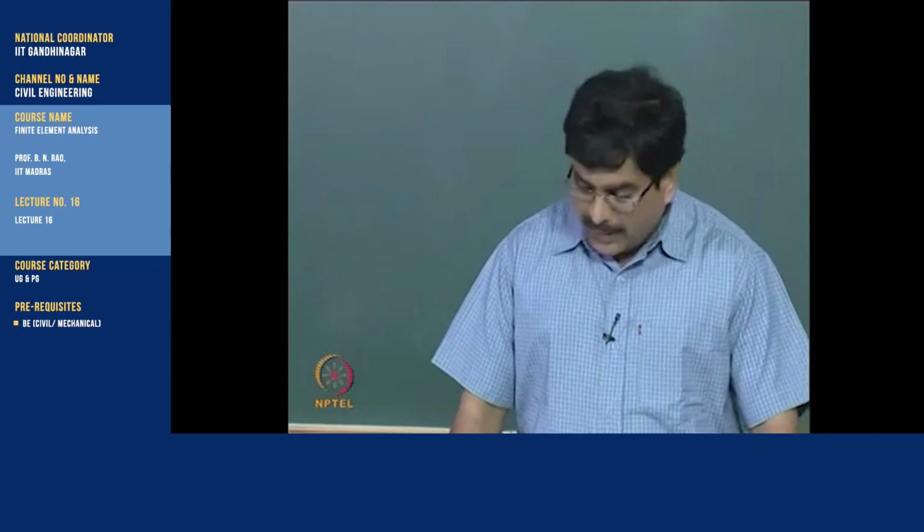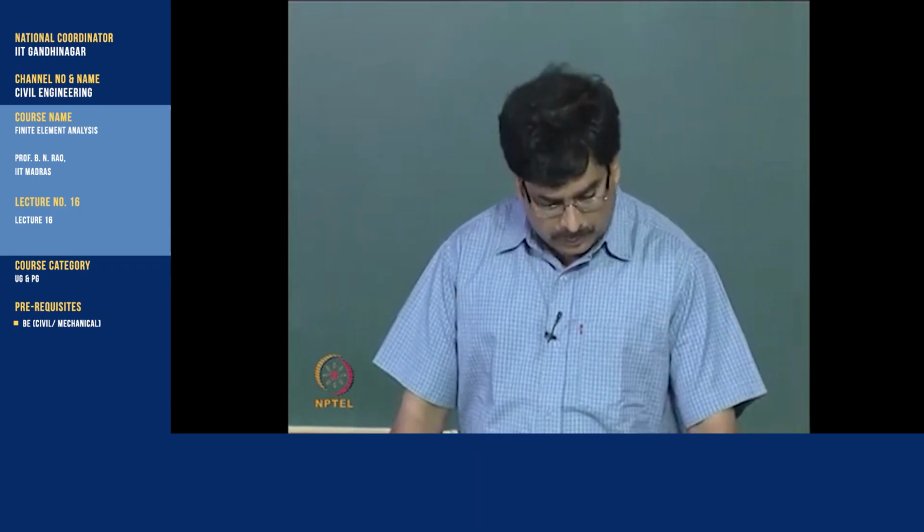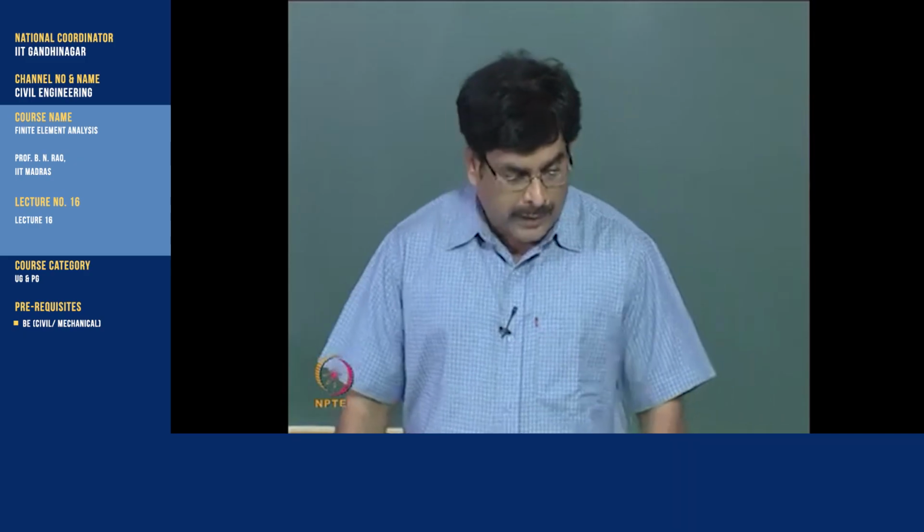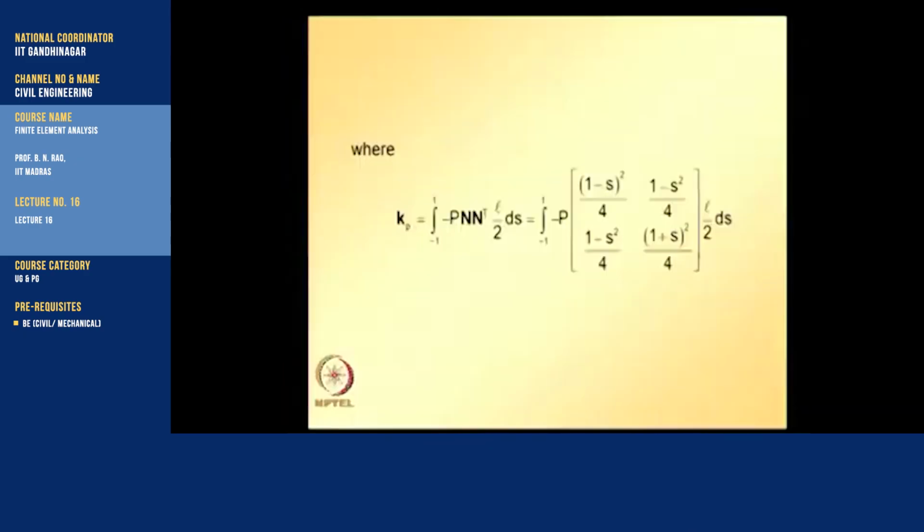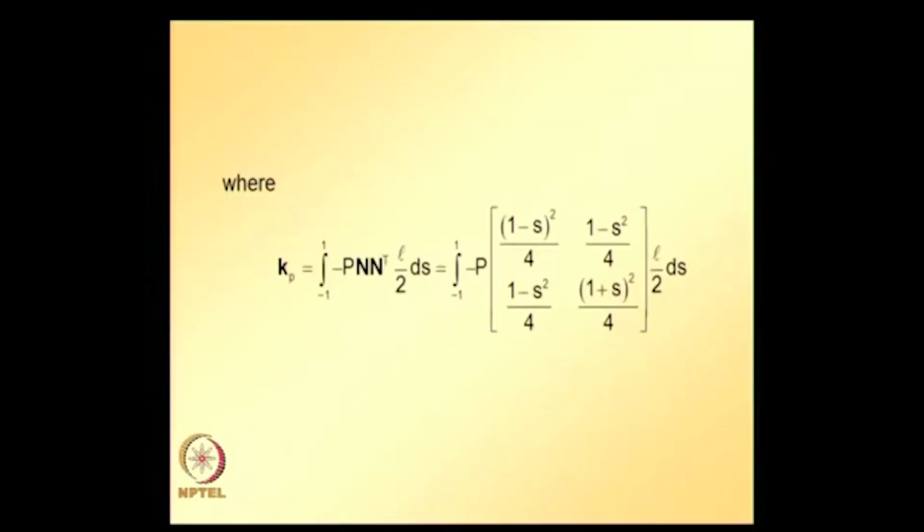And now looking at Kp, where Kp is defined like this. Here also, unless p is explicitly given as a function of x, integration is not possible, but for the specific case where p is constant over an element, we can take p out of the integral and simplify each of the terms appearing in the matrix, that is, carrying out integration of each of the terms between -1 to 1.